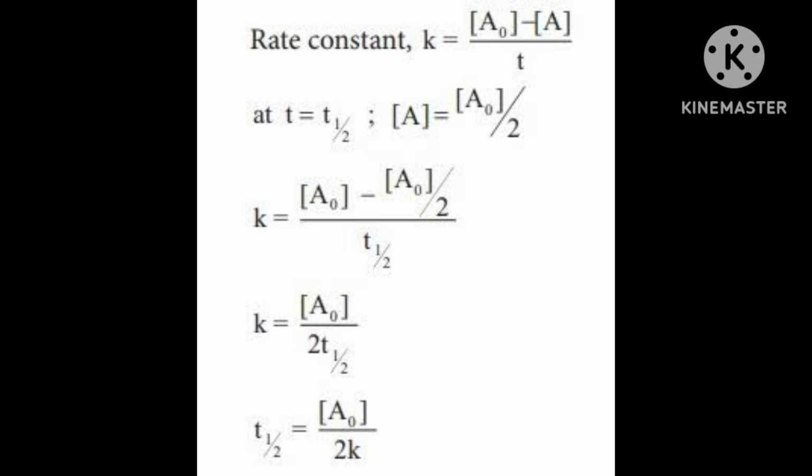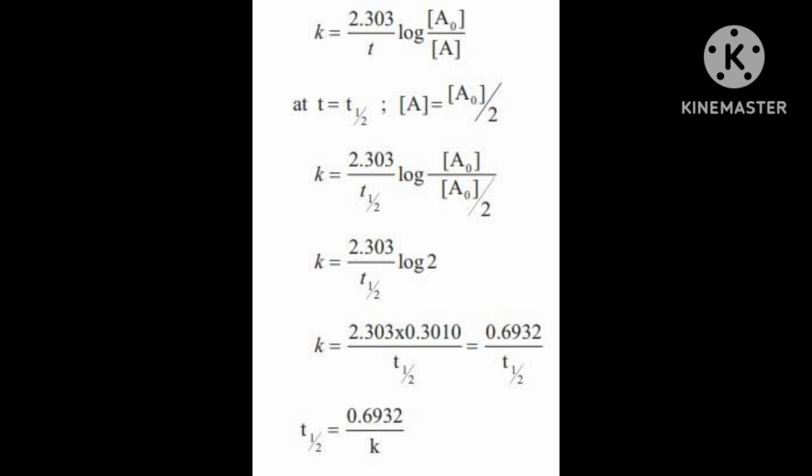That means T is equal to 10 into T half. This is proved. Here, comparing T divided by T half, T is equal to 6.909 divided by K, and the T half value for a first order reaction, you know, is 0.693 divided by K.